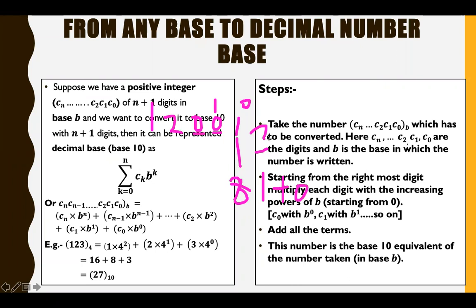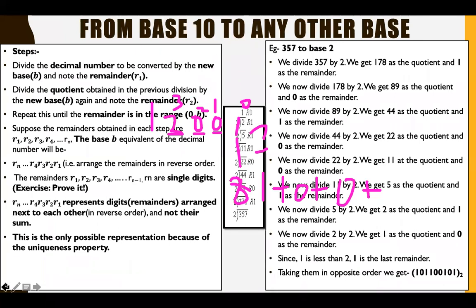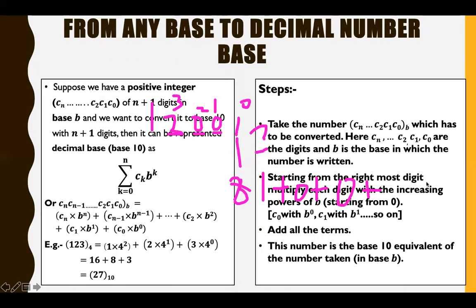Then 0 into 3 to the power 2 is again 0. Then 2 into 3 cube. 3 cube is 27, into 2 is 54. Similarly, for the last, 1 into 3 to the power 4, so plus 81. So add it, you will get the answer for this one.